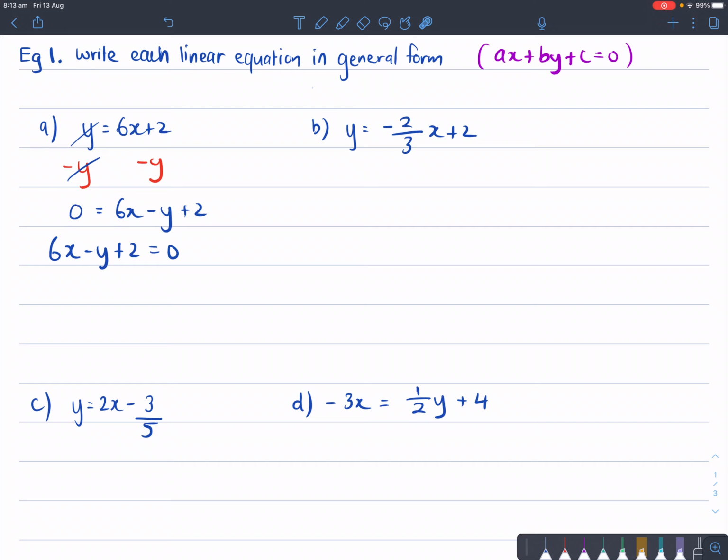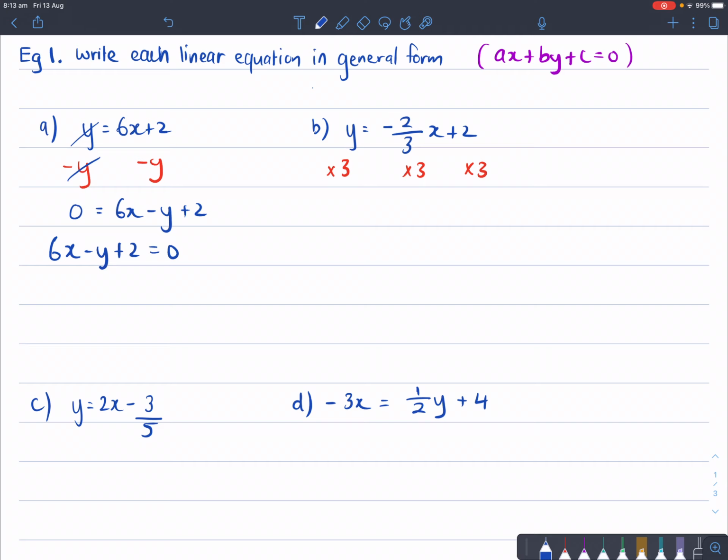The other thing we're going to do is that this is a fraction, and we want it to be an integer. So we're going to get rid of this divided by 3 here. The way you do that is by multiplying all three terms by the number on the denominator. So we'll multiply by 3, multiply by 3, and multiply by 3.